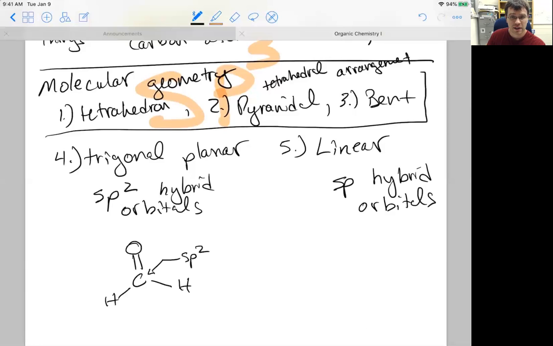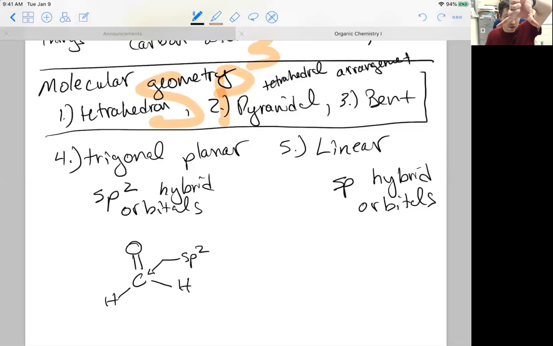I don't think so. That is to say, I don't need any wedges or dashes on this formaldehyde structure, because putting a hydrogen out of the piece of paper or into the piece of paper doesn't do any good. Everything is spread out as much as possible, right?